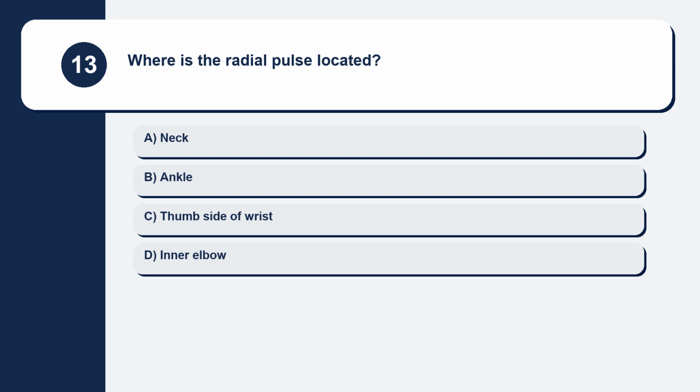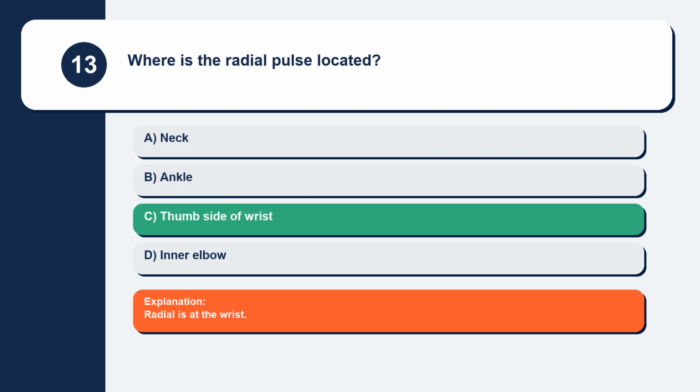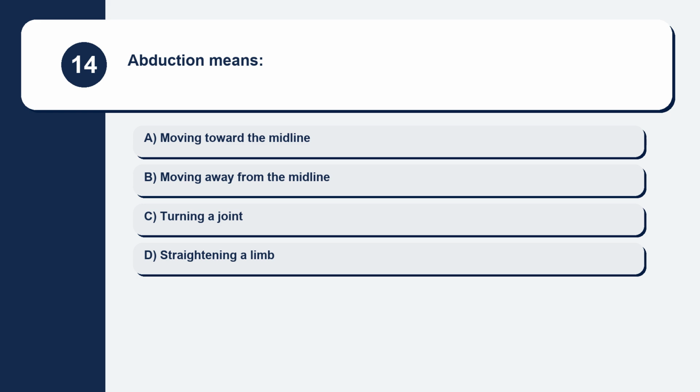Question 13. Where is the radial pulse located? Neck, ankle, thumb side of wrist, inner elbow. Radial is at the wrist. Question 14. Abduction means: moving toward the midline, moving away from the midline, turning a joint, straightening a limb.